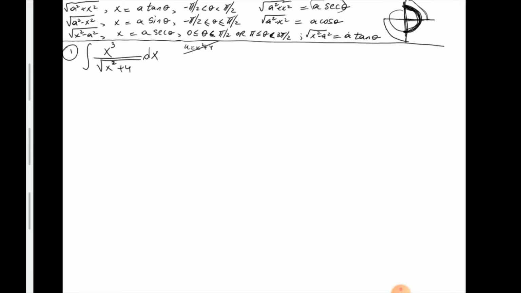Once you identify the type of radical you have, you have to be careful here, right? You are in the first case with a radical of the form a squared plus x squared. In this case, a squared stands for 4, which means a is 2. Remember, you take a to be positive. So that means the substitution to perform is to replace x with 2 tangent of theta.